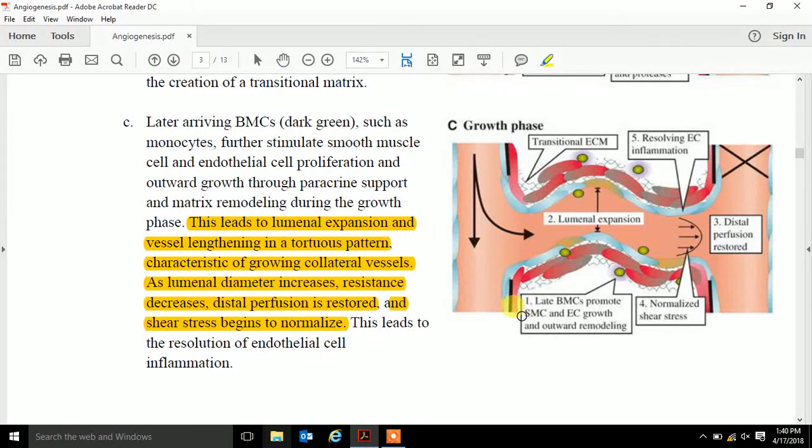So we get some smooth muscle cell and endothelial cell growth and outward remodeling. That gives us our luminal expansion, as we would want. With a larger vessel, we restore perfusion to this tissue over here. That allows the shear stress to become normalized and our inflammation to go away.